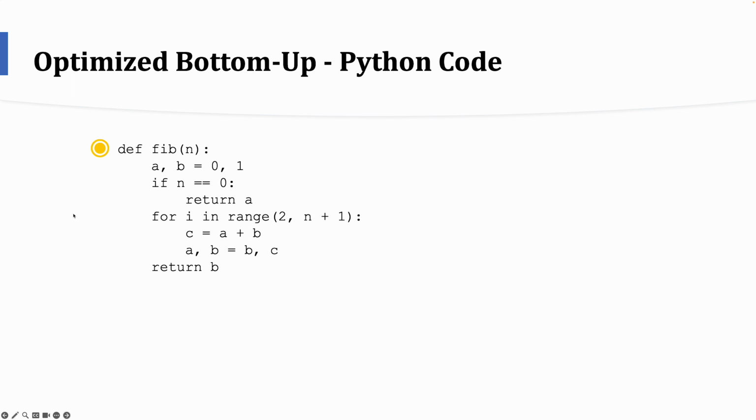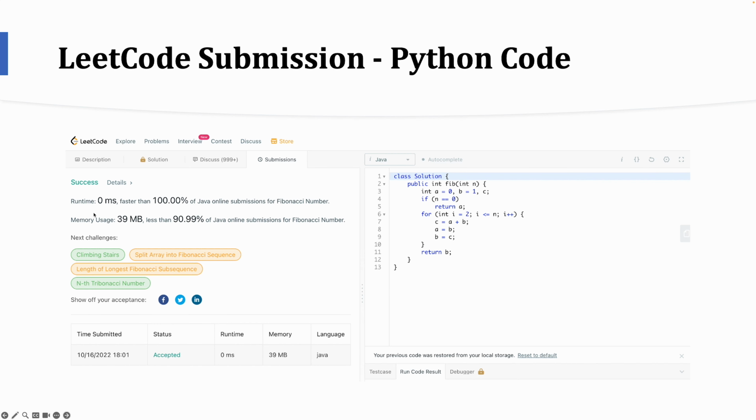So what can we do now? Wait a second. Let's go and submit this code on LeetCode and see how this compares with other submissions that are already out there. So this is something I did, and here's the result. The runtime of the algorithm was 0 milliseconds.